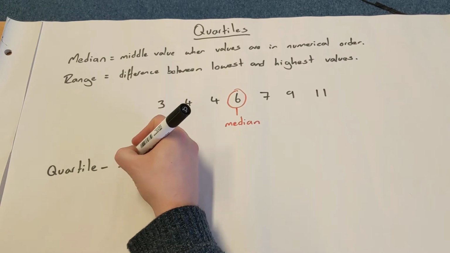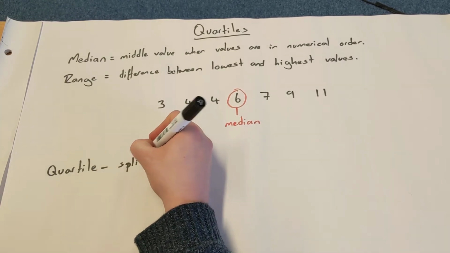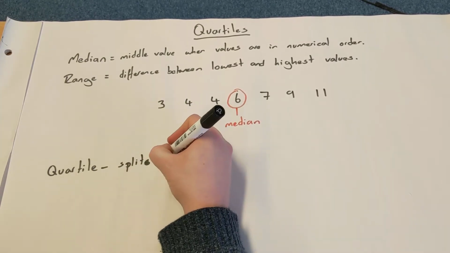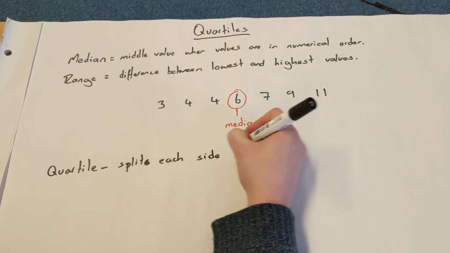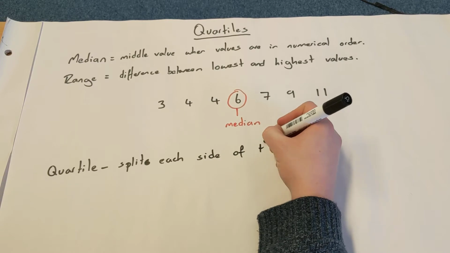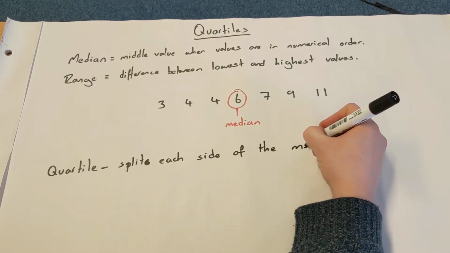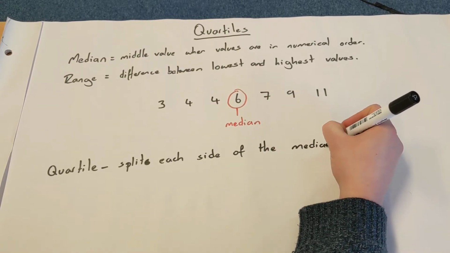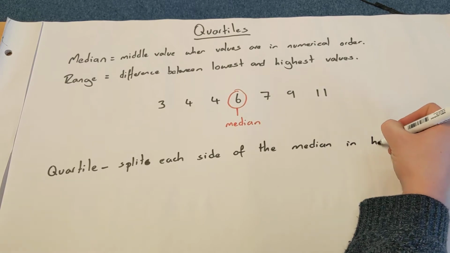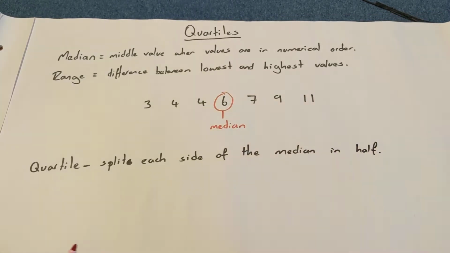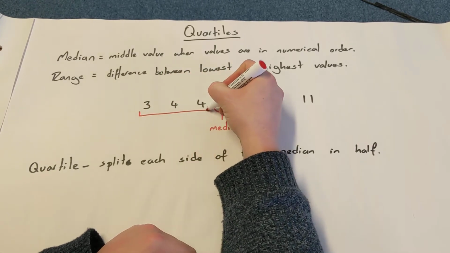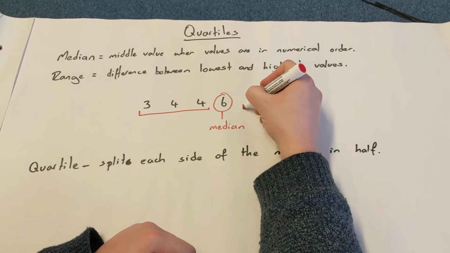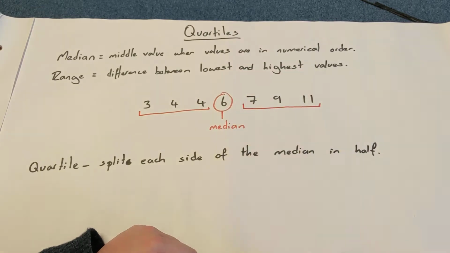So it splits each side of the median in half. So if we're looking at this information here, we want to split this side of the median in half, and we want to split this side of the median in half.